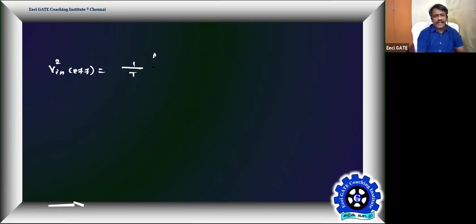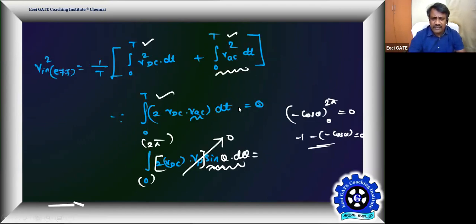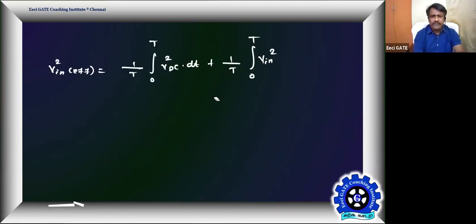One is 1 by T integral 0 to T V square DC dt, plus 1 by T integral 0 to T V in square, that is V AC square dt. That's all.